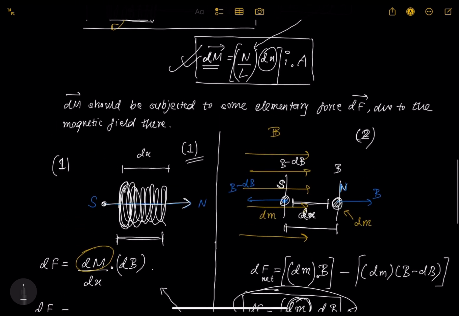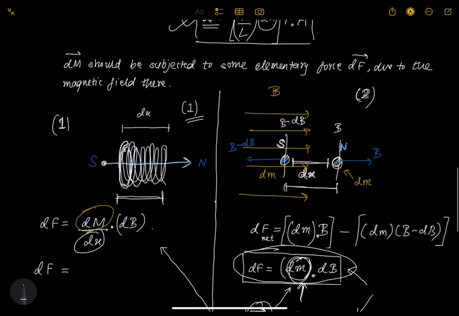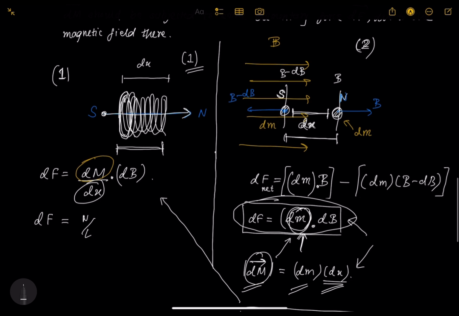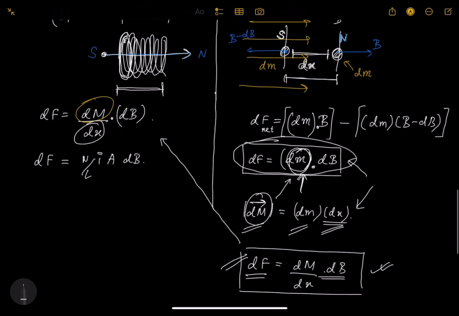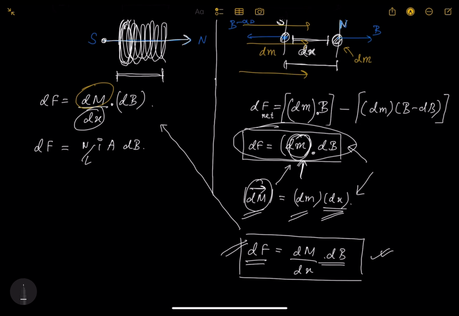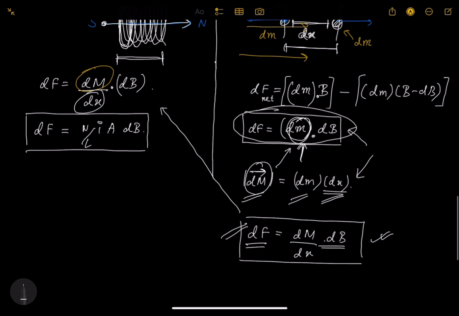So this dx and this dx right there, they'll cancel out, giving us something like this. So this is the equation that we're looking for. We basically solved part A. So that differential force is going to be given as N over L IA dB.